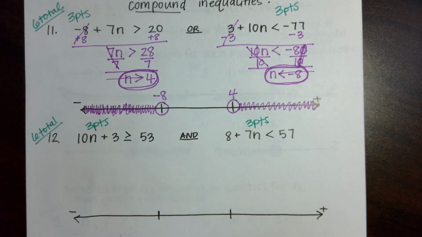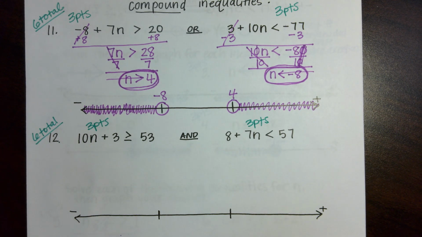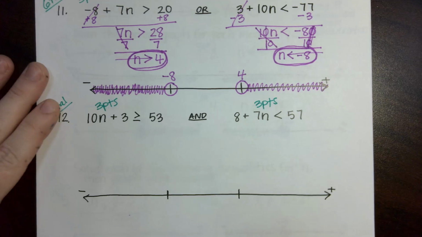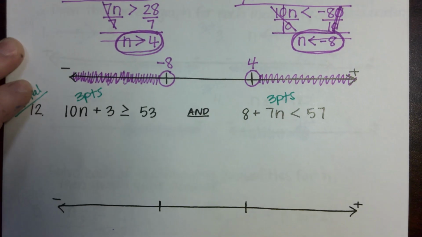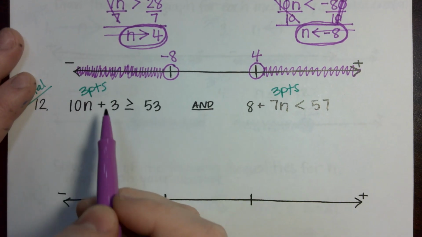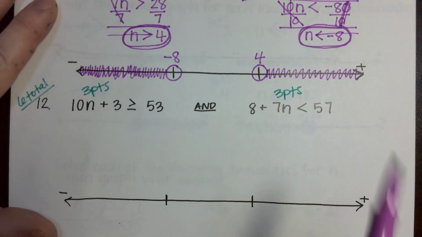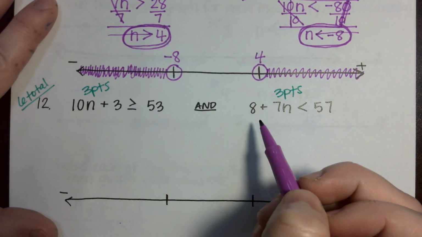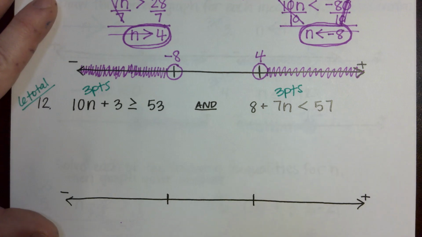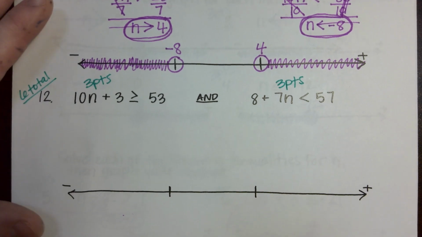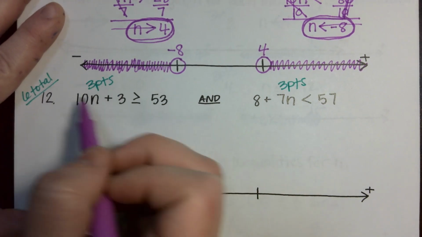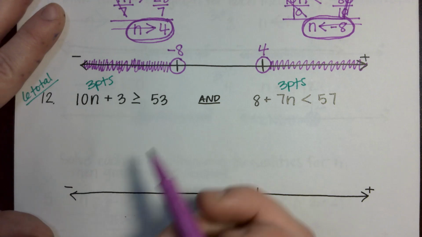Okay, let's look at 12. This is the last one before the bonus. We've got 10 times n plus 3 is greater than or equal to 53, and 8 plus 7 times n is less than 57. Let's look at our first inequality, 10n plus 3.